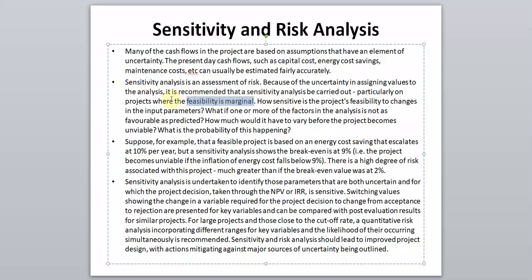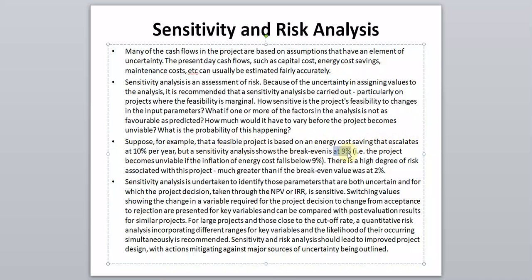Suppose, for example, a feasible project has an energy cost saving that escalates at 10% per year, but a sensitivity analysis shows that break even is at 9%. Now the project becomes unviable if the inflation of the energy cost falls below 9%.